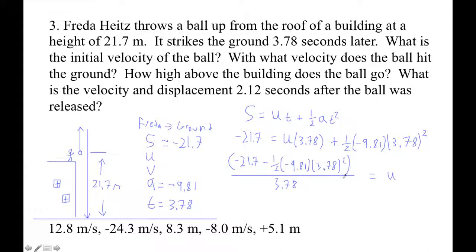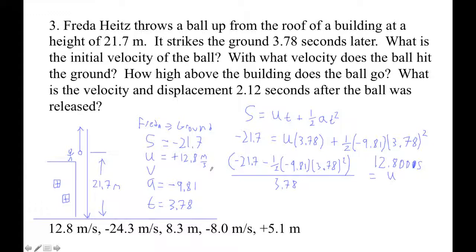Holy cow, 12.8001, something. Anyway, positive 12.8 is our initial velocity. There's a couple of zeros after that, so that's pretty good.